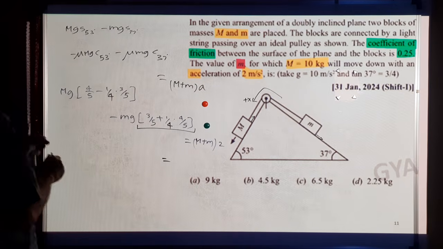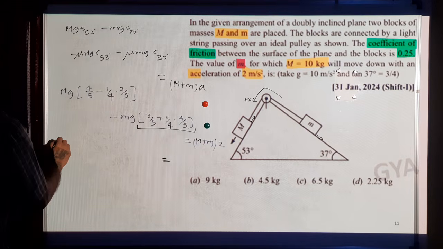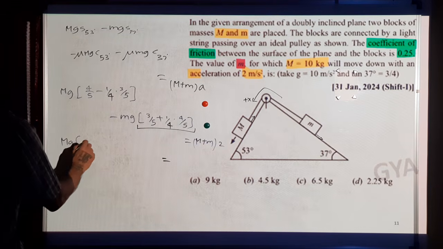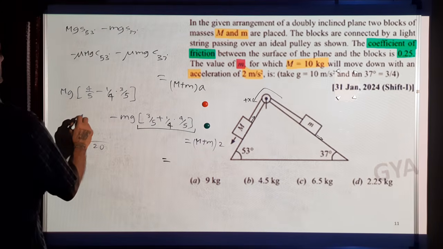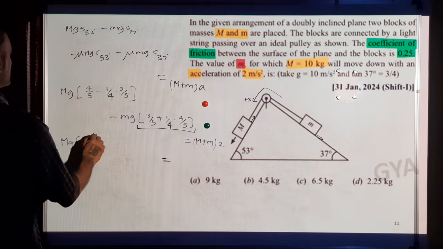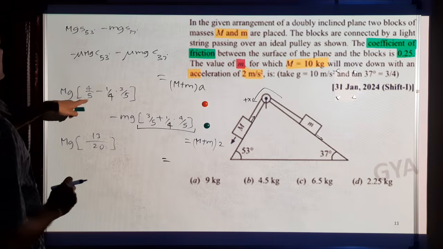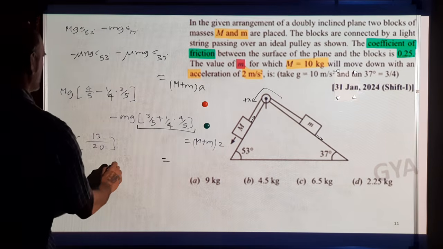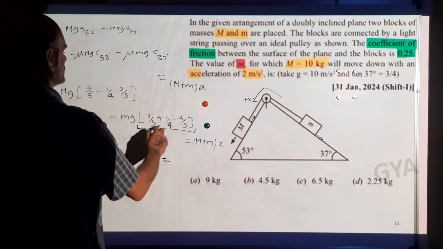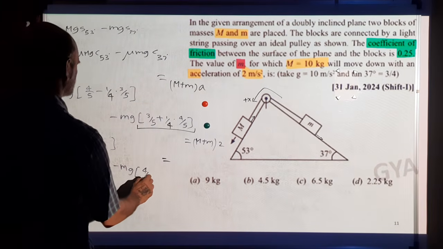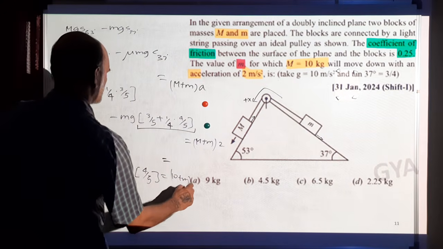Okay, so here this will become 20. So 4 times 16 minus 3 is 13. And then minus mg into this 4, so it will become 4 by 4. Right-hand side is 10 plus m into 2.